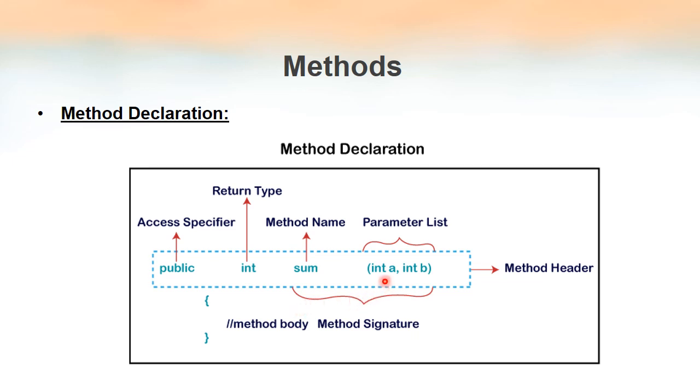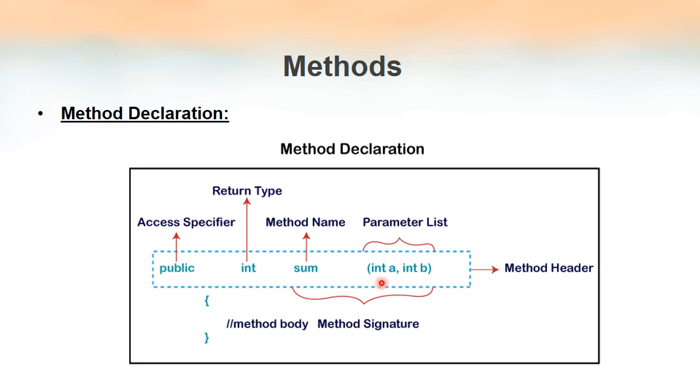In this example, this method requires two parameters, both of them are integers. So when I have to call this method, I must write sum, then inside the pair of parentheses I must include two parameters of type integer.